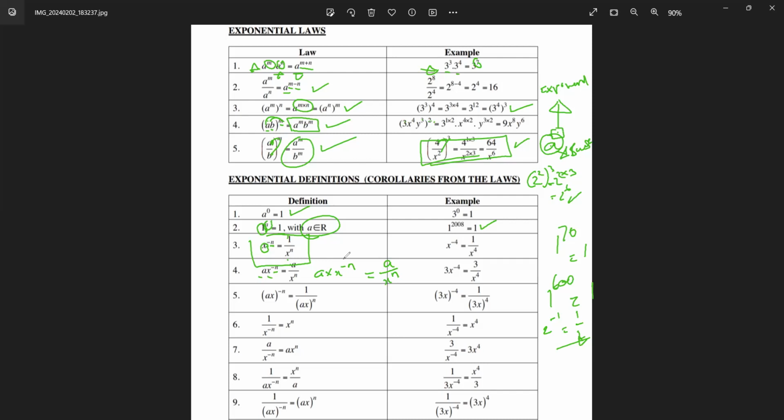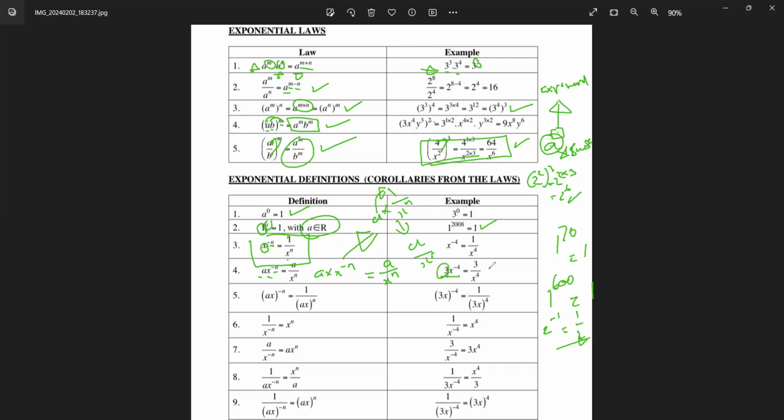So the way in which we're going to do this is a multiplied by 1 over x to the n. Then this is equivalent to a over x to the n as we multiply it above. As you can see here, this one comes above.